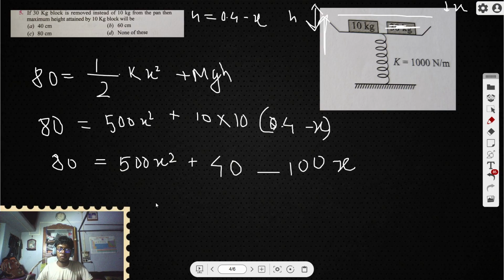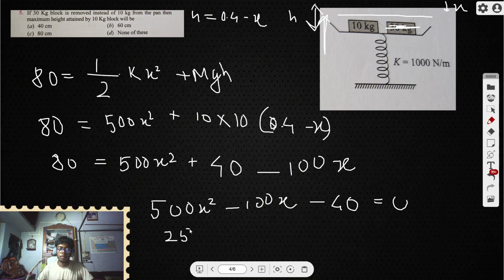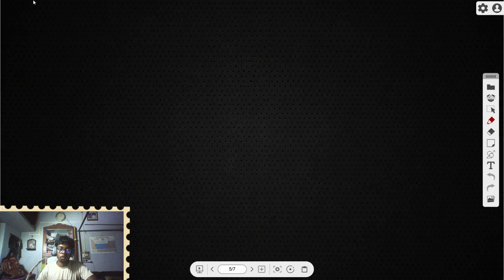If we calculate, it will be 500x square minus 100x minus 40 equal to 0. If we take 20 common, it will be 25 x square minus 5x minus 2 equal to 0. Now we factorize this quadratic.